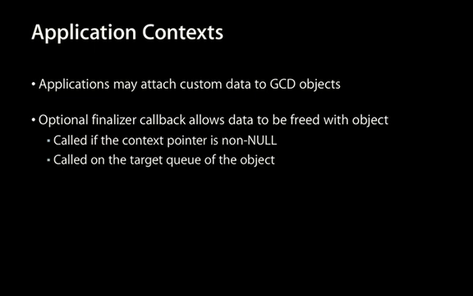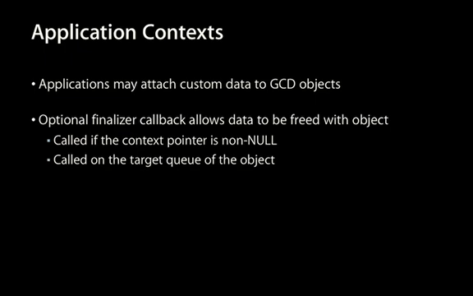You can attach it to a GCD object, and we've also provided an optional finalizer callback. When the object is finally freed, because it's been released enough times that its reference count goes to 0, we'll call the finalizer function that you provide if the context data is not null. So if you've provided some context data and a finalizer function, that'll get called. You can free your data there.